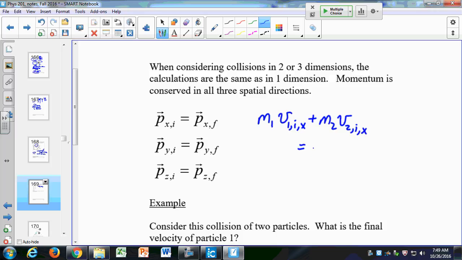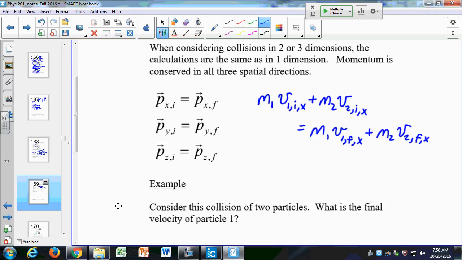That's going to equal the mass of particle 1, velocity of particle 1 final in the x direction, plus the mass of particle 2, velocity of particle 2 final in the x direction. And then I can write similar expressions for y and z. My momentum in the x direction is always the same. My momentum in the y direction is always the same. And my momentum in the z direction is always the same. Let's work an example.